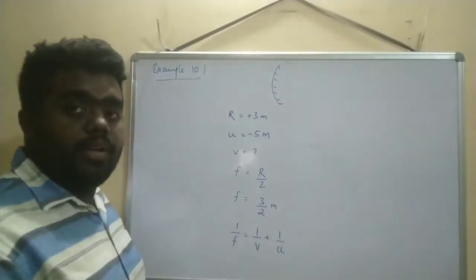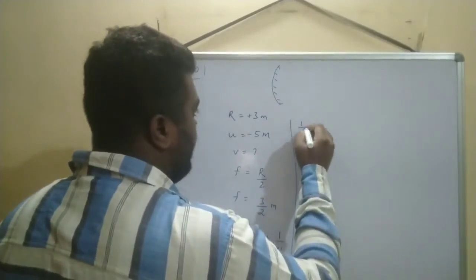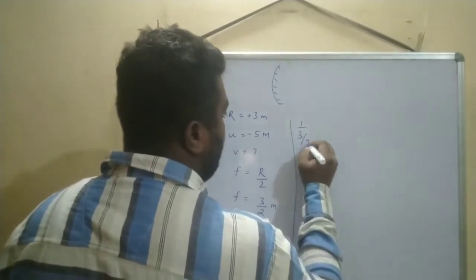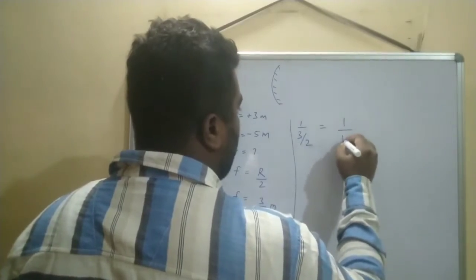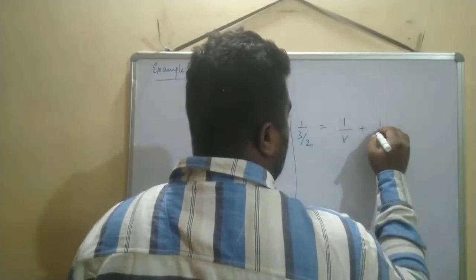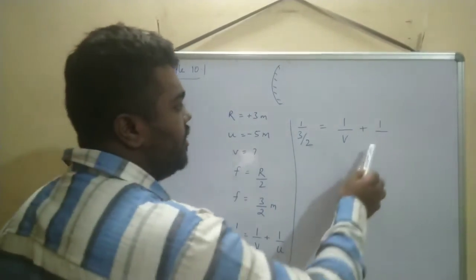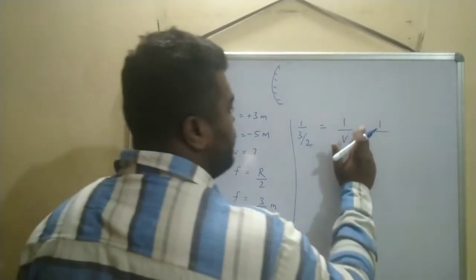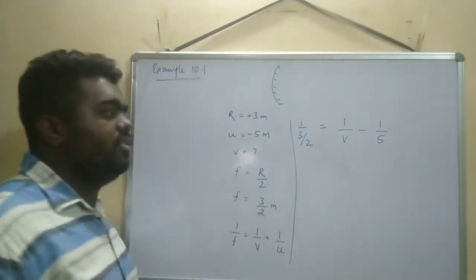Okay, now putting all the values, 1 by f is how much? 3 by 2. Is equal to 1 by v we need to calculate plus 1 by u. Now u is minus 5. Now when I will keep minus here, plus minus becomes minus, and this plus will become minus because of minus 5.